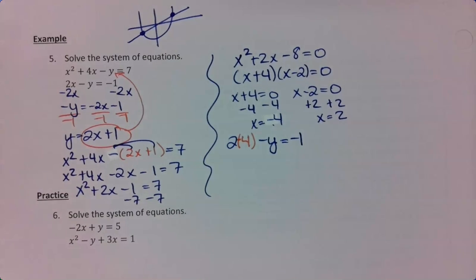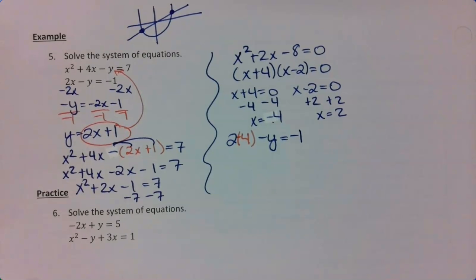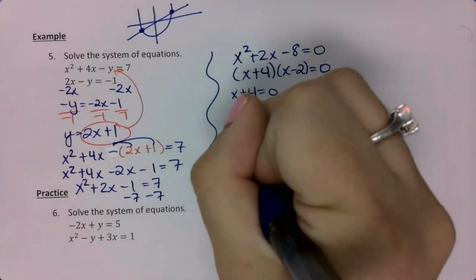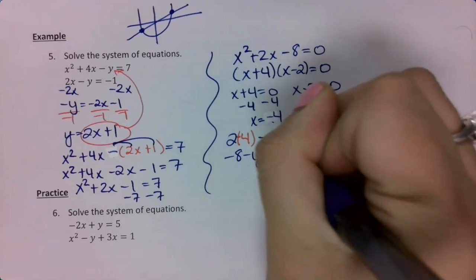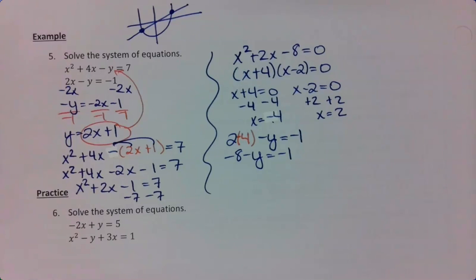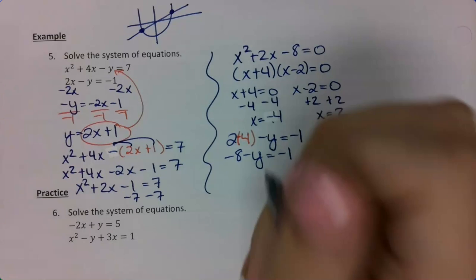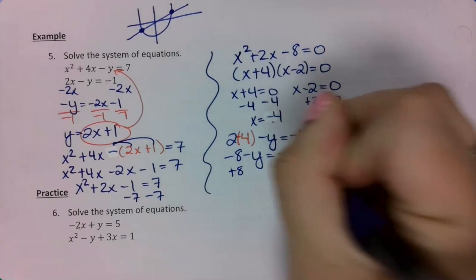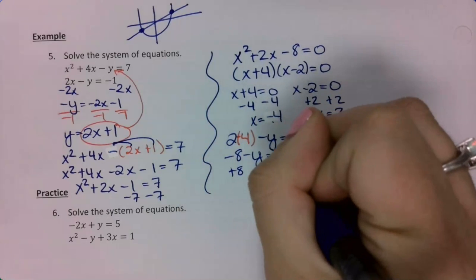Okay, so 2 times negative 4 gets me. Then I want to go ahead and do what? I get negative y equals 7.